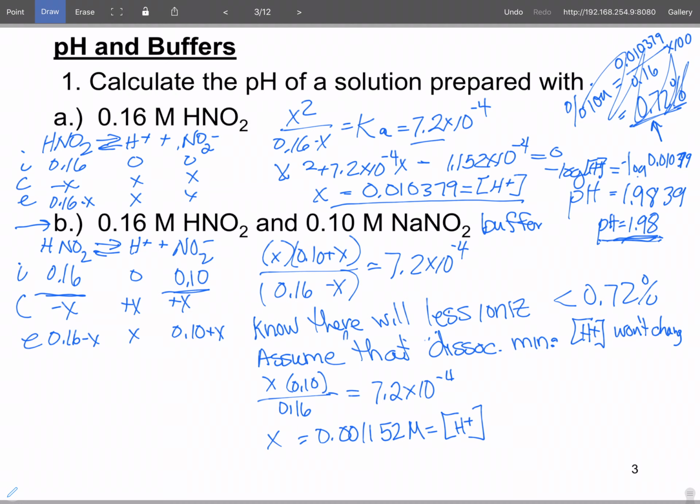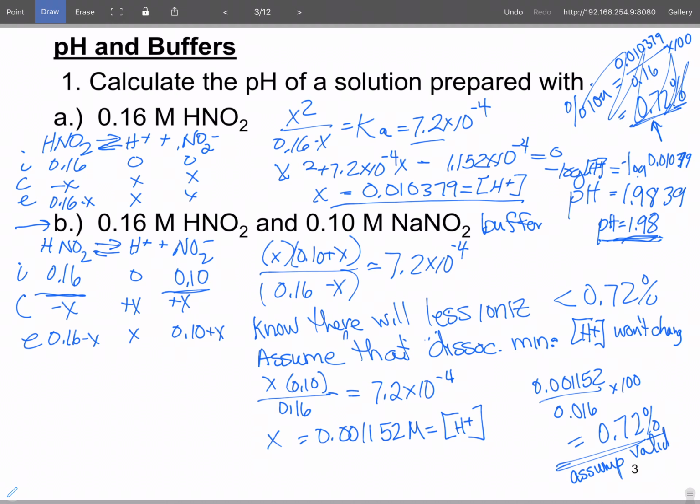It is going to be much greater than that, because what I find is 0.001152 divided by 0.016 times 100% is going to be equal to 0.72%. Okay, I will go back, rework the percentage, and re-put it in there in the final value, or I'll try. But it's going to be greater than that. So bottom line is, with the common ion, we're less than 1%. So our assumption is valid.